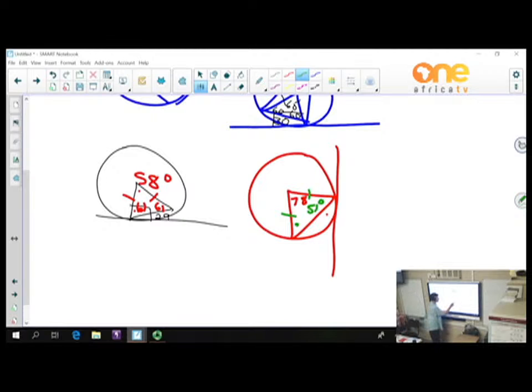So both these angles are 51. How will I get that one now? What is the other thing that I know? The tangent to the radius is 90 degrees. So what is 90 minus 51? Yeah, so that angle there is 39 degrees. Okay, I want you now to do 30 and 31 for me.